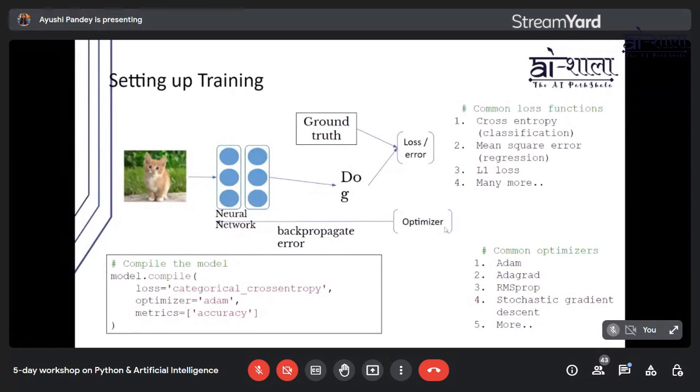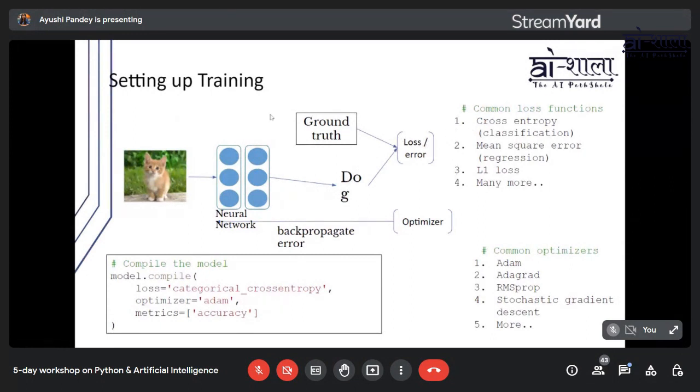We have different optimizers. Backpropagation will happen when there is an error, and the neural network will train again. It will train until, for this image, the answer is cat, not dog.